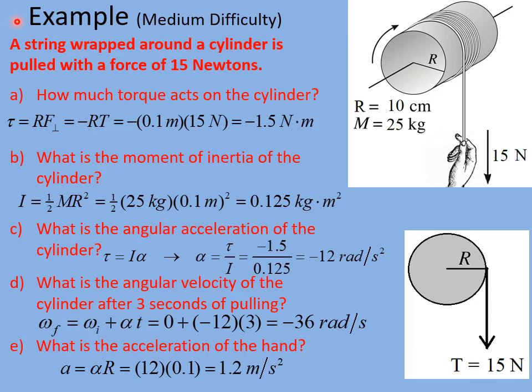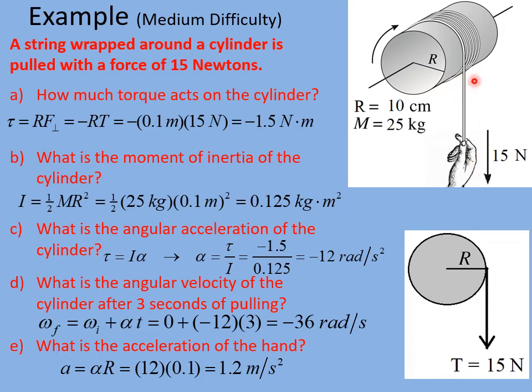Let's start with a couple of examples here. The first one, we have a string wrapped around a cylinder, and it's pulled with a force of 15 newtons. We're given some information about this cylinder. It has a radius of 10 centimeters, and it has a mass of 25 kilograms. So we can predict what's going to happen here.